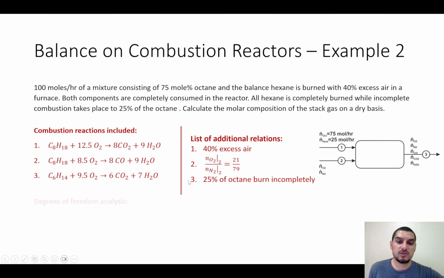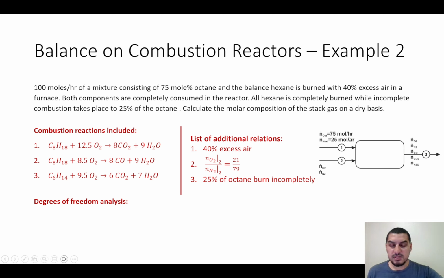So we can do the degrees of freedom analysis. We can do it by calculating the number of variables. So it's 1, 2, 3, 4, 5, 6, 7, 8, 9. So we have 9 variables. And if we are doing this using the extent of reaction method, we have 3 more variables. So it's 9 plus 3. The given variables are 2.